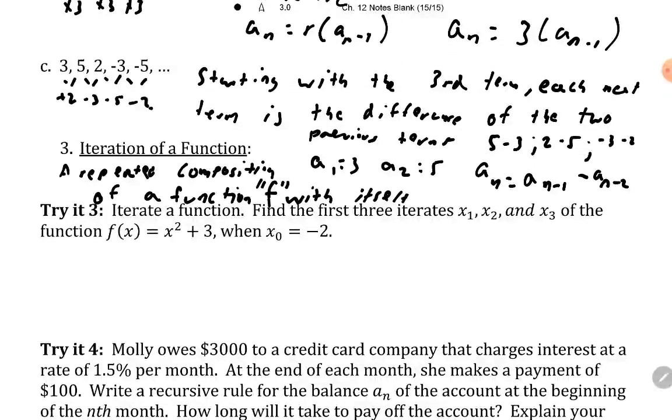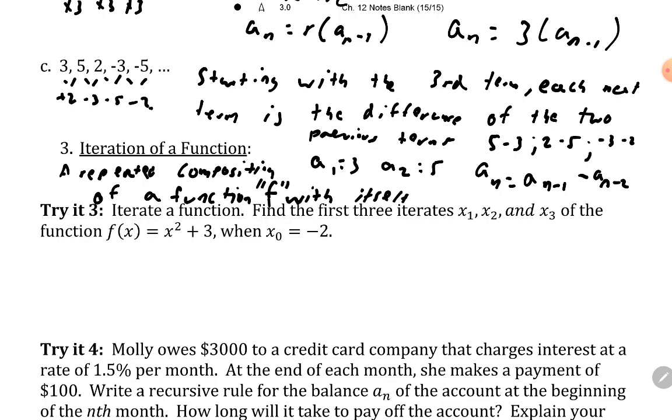Try to iterate a function. Find the first 3 iterates x1, x2, x3 of the function, when x naught is negative 2.